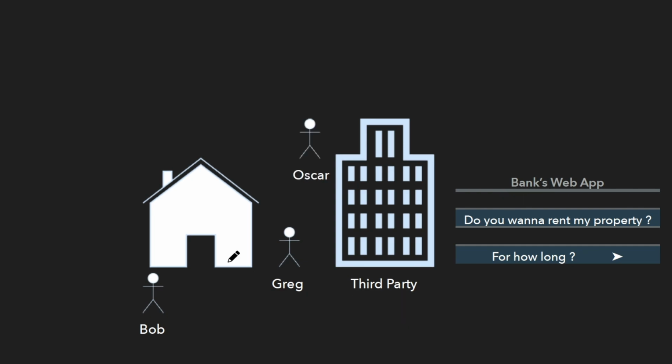So imagine now there is an insider working in that bank. For instance, he's named Oscar. And for some reason, Oscar just doesn't like Bob. Maybe he's dating his daughter, and Oscar wants to kick him from that house in order to make him look like a loser, because he doesn't like the fact that he's dating his daughter, and he wants her to leave him.